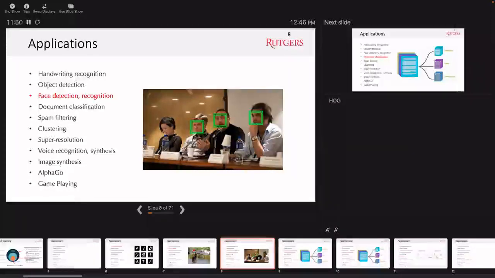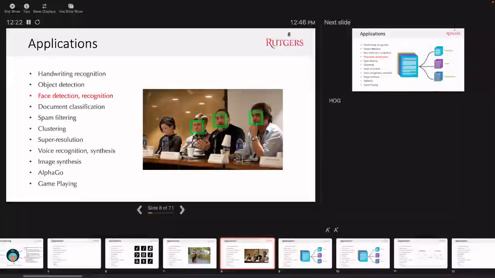You can see some applications, for example, if you're using an intelligent cell phone to take a picture, it's going to try to detect the face whenever there is a face in your frame, and then use that detection result to focus better and help you take a better picture.